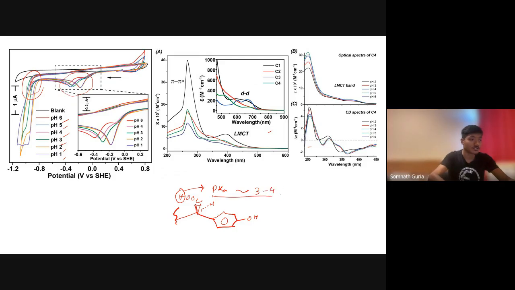So at pH 3 or 2, the COOH group of this tyrosine molecule has a proton, and the tyrosine group shows some effect of protonation and deprotonation at the pH region of 3 to 4.